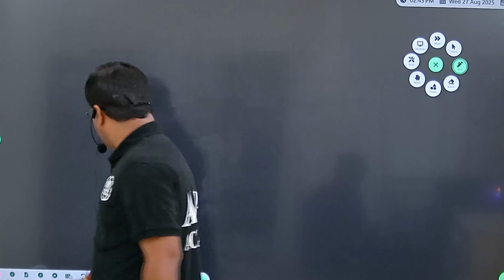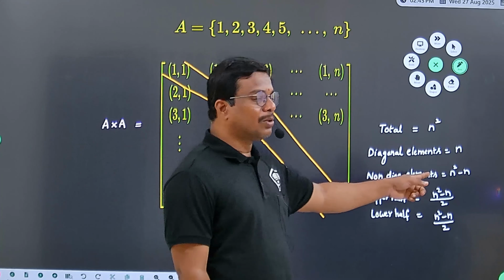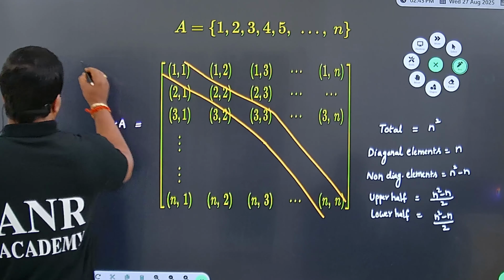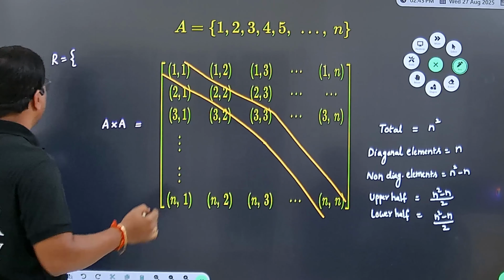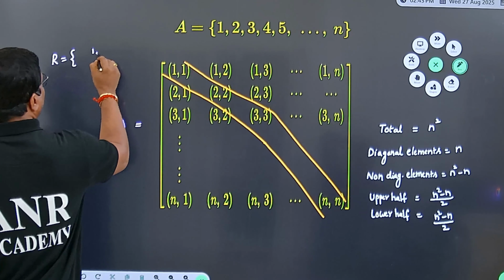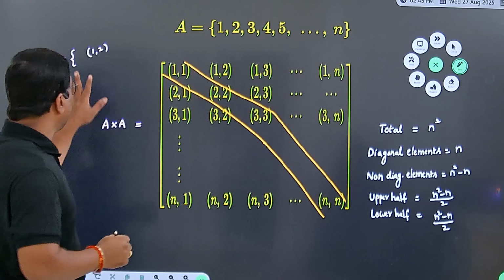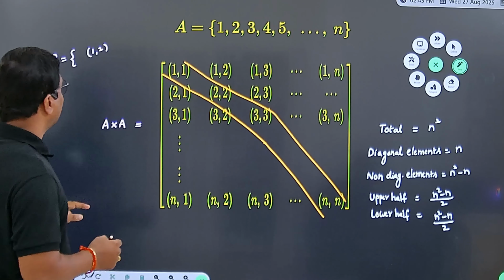Next, go for non-diagonal entries. How many non-diagonal entries are here? Non-diagonal elements are total n square minus n. Suppose there is a relation that has 1, 2 as an entry from non-diagonal.